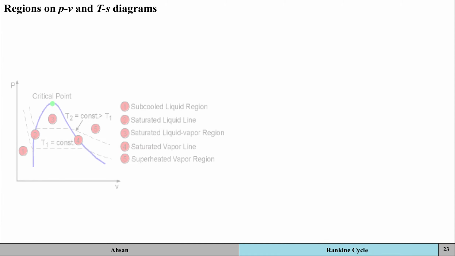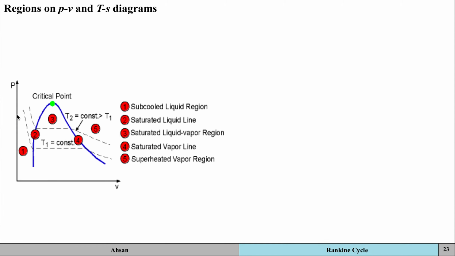And before we move on to looking at the Rankine cycle on a PV and a TS diagram, I'm just going to look at this PV diagram again and tell you what this means. On this PV diagram, on this side, this is obviously what we just discussed. It's the saturated liquid line. The area behind this, towards this side, is the subcooled liquid region.